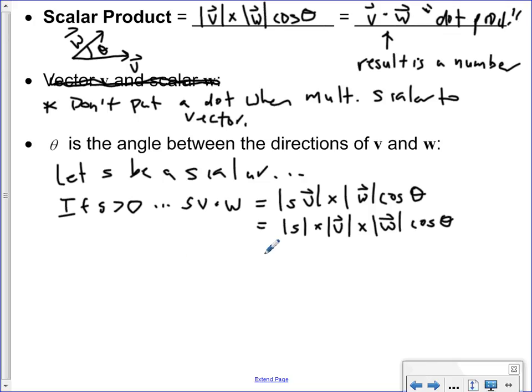Or you can also say that it's s times the dot product of v and w.